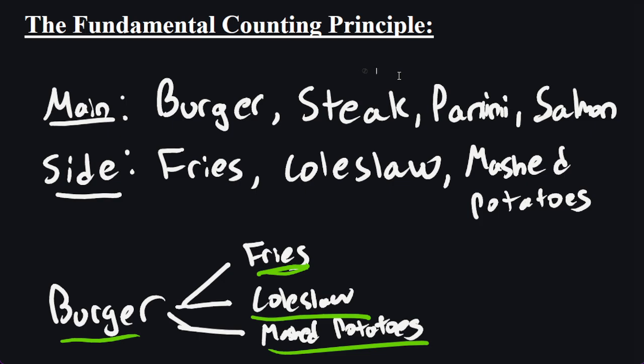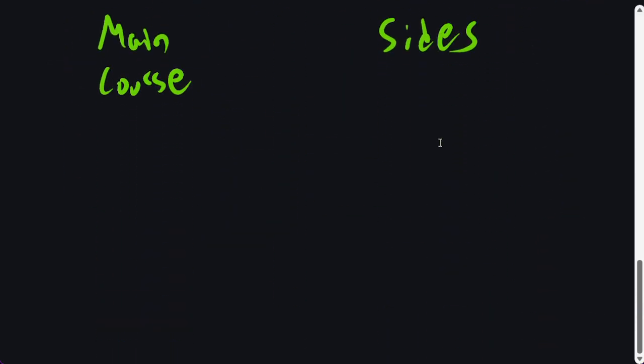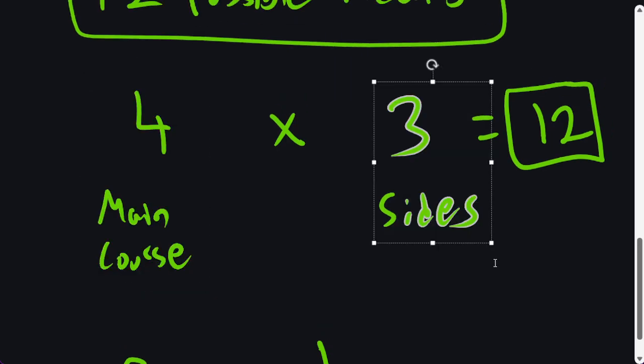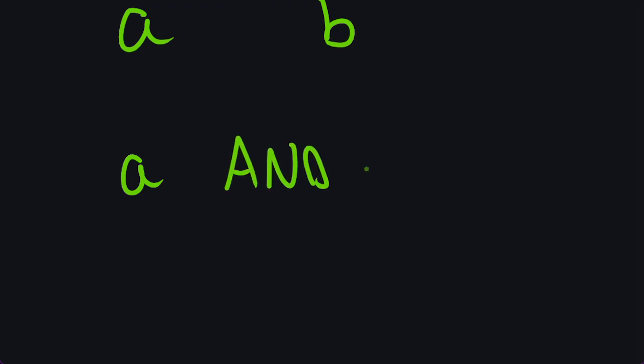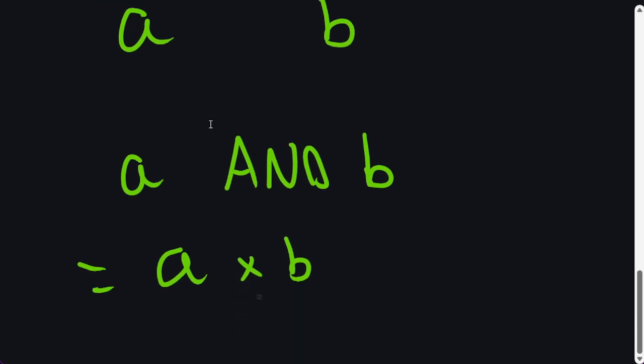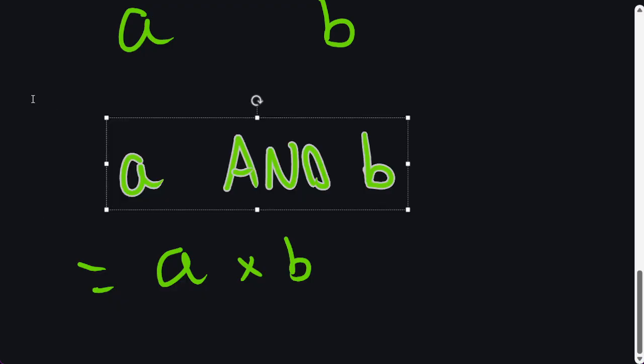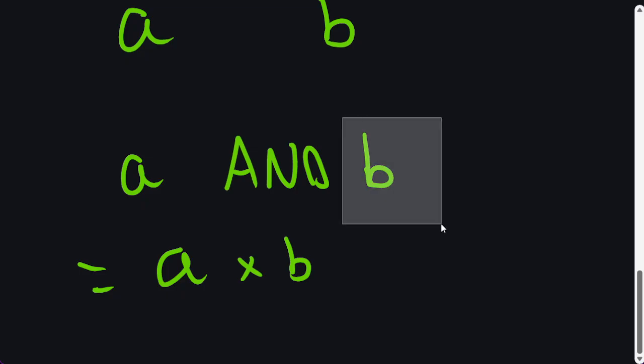So in other words, if you have 2 events, A and B, and in this case, A was the main course and B was the sides, and you want to figure out how many possible ways you can arrange A and B, and is the keyword, then the total number of possible ways to arrange A and B is A times B. And of course, this is assuming that each event doesn't affect each other, but this is the total number of ways to arrange A and B, each of them being two separate events.